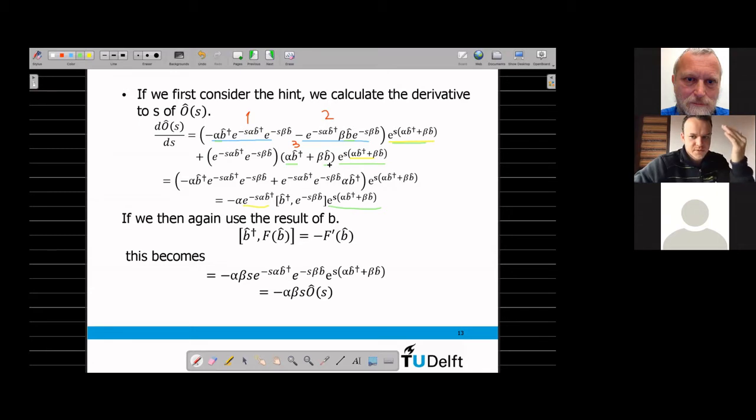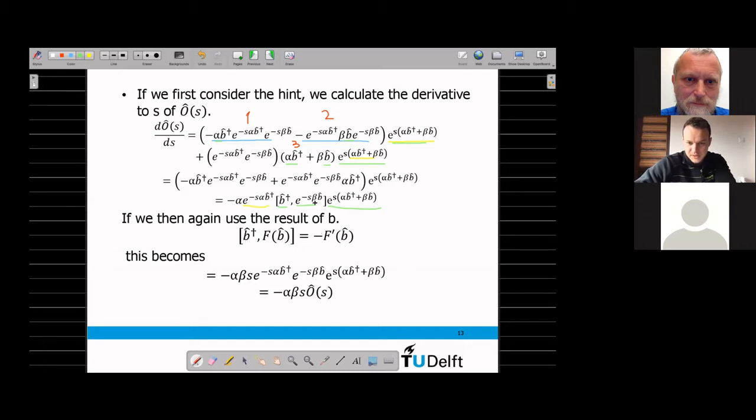Okay, so after performing some tedious calculations, you would find that you have a commutator between this b dagger and exponential minus s beta b. And then again, we use the result from our previous part, replacing this commutator with the derivative of f.